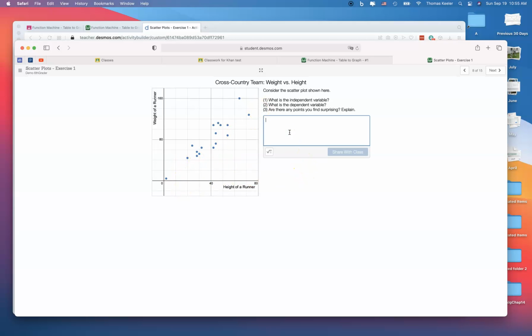So the independent variable is the height. And as we look at the height, the dependent variable, we're seeing this relationship with the weight. And so the surprising point, of course, is a height of almost 0. The point near 0, 0 is surprising.